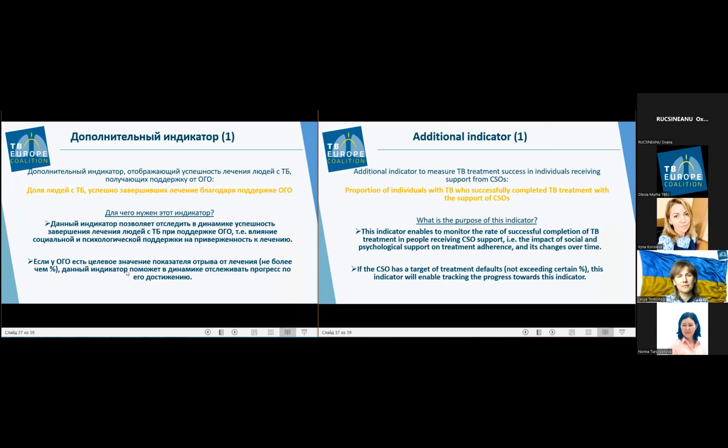Thank you. Not so much a question, but I believe Sayhat's question is very important. Who collects the data? Because NTPs may request data from healthcare facilities, and I'm not quite sure about whether that's possible. We have a different approach.